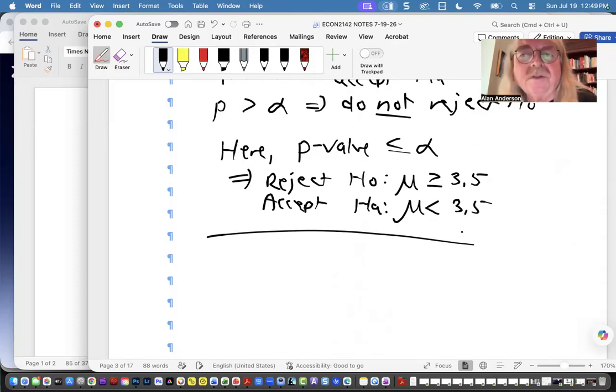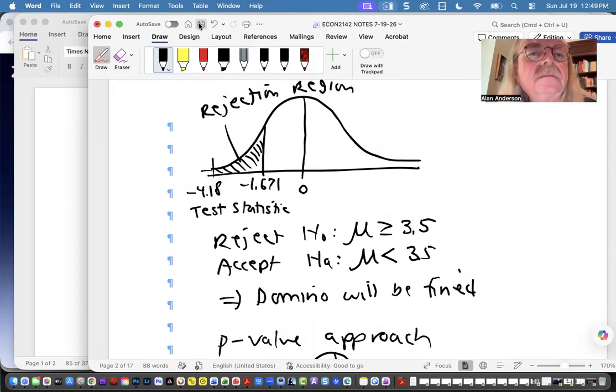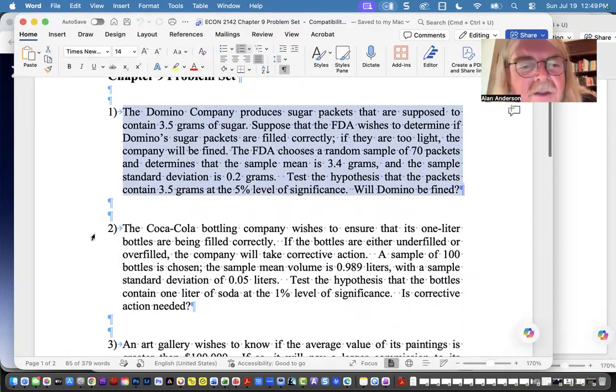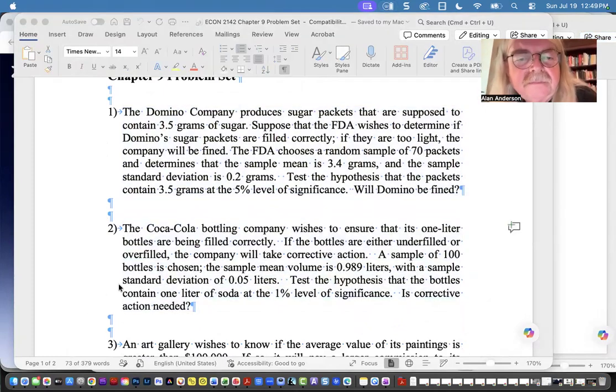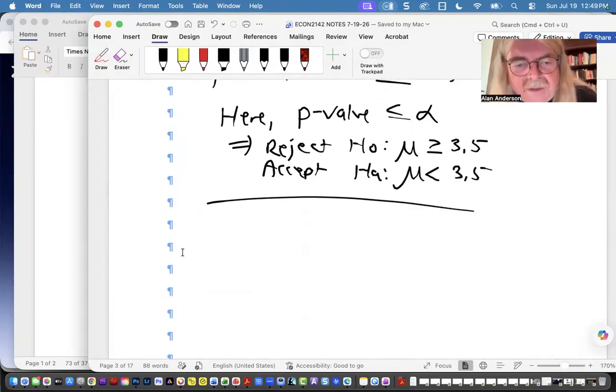And once again, the two approaches always have to give us the same results. If not, that means you've done something wrong. Okay. All right. So what else do we have here? Number 2. The Coca-Cola Company. So what's going on here?